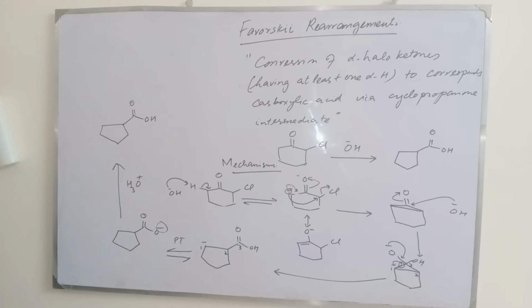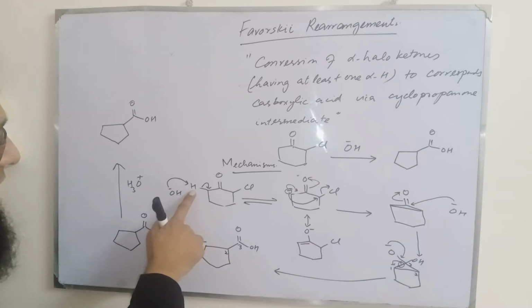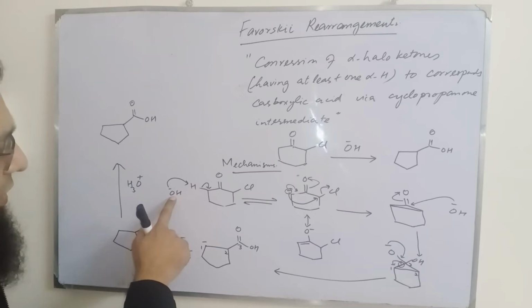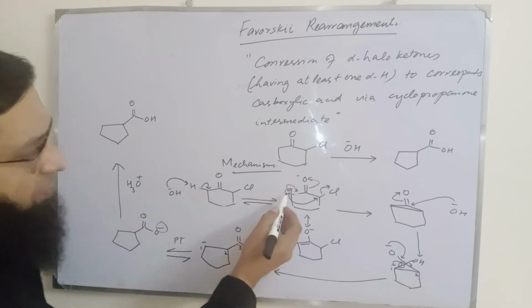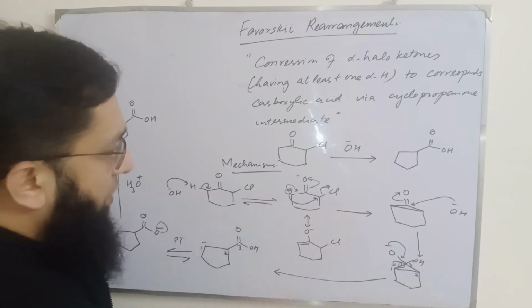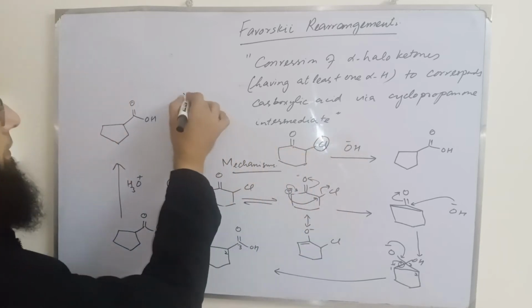So I repeat the mechanism once again. In the first step, this hydrogen, because it's acidic, is abstracted by the hydroxide base and we get the enolate. And this carbanion would then internally displace this chlorine because it is a good leaving group. Here we can use any leaving group.